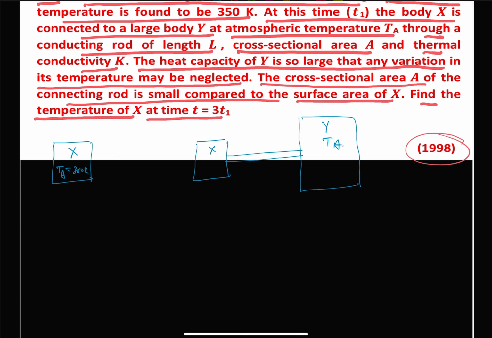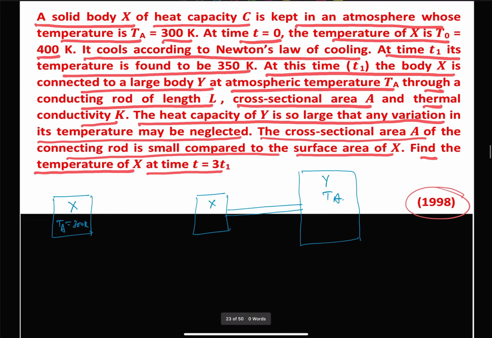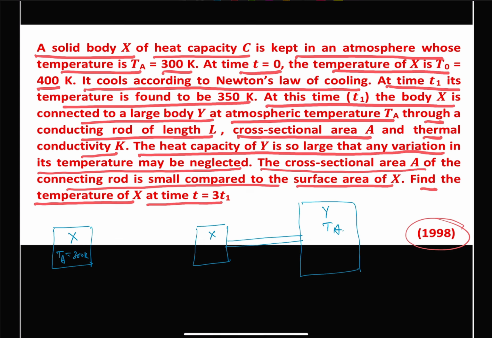And so first of all, the body has a temperature of T naught at T equal to 0, which is 400 Kelvin. Okay. And after time T1, its temperature becomes 350 Kelvin. Okay.